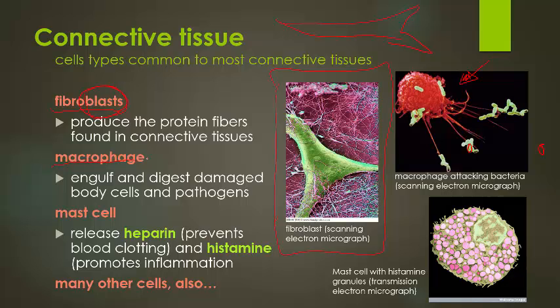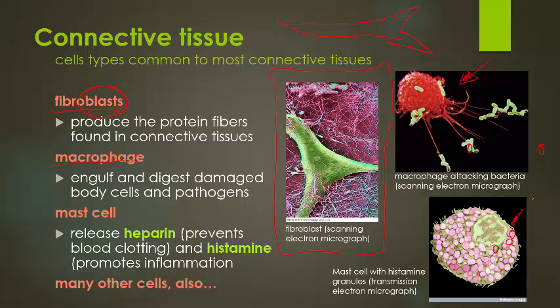Phage means eater, so these are capable of eating lots of stuff or really big things. The third kind of cell type found in most connective tissues is called a mast cell. Here's a slice through a mast cell, and these pink little vesicles that have also been sliced are filled with histamine granules, one of the materials these mast cells produce.